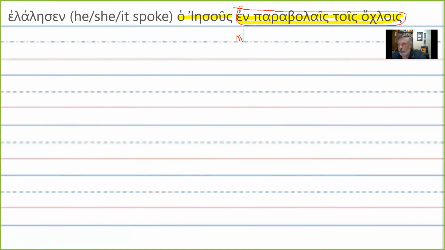So in parables, and we have two, there's our dative, the crowds, plural. So we're dealing with dative plural, dative plural, dative plural. So Jesus spoke in parables to the crowds.